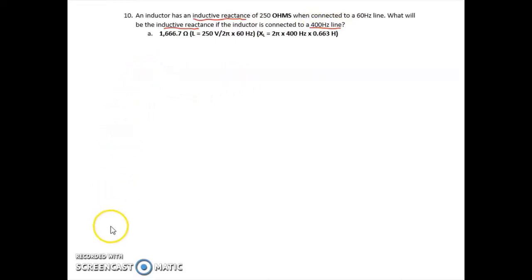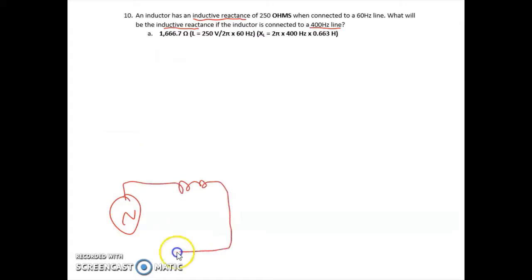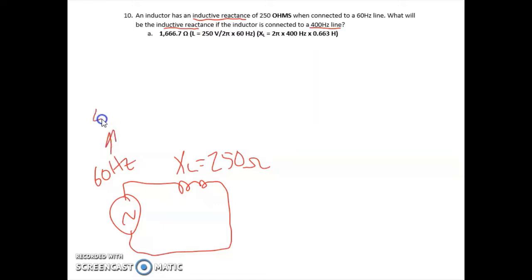So inductive reactance equals 250 ohms. We have a 60 hertz line, but we're increasing that to 400.